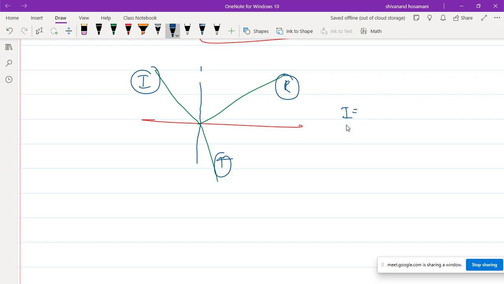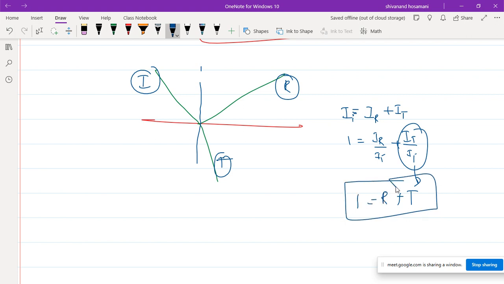Light is incident on it, some is refracted, some is transmitted. Say 8% is transmitted and 8% is reflected, that is incident. This is the reflection, this is the transmission. Moreover, the intensity of the incident light is equal to the intensity of the reflected light plus the intensity of the transmitted light. If we divide by the intensity, what do we get? IR divided by II, plus IT divided by II. This is the transmission coefficient, this is the reflection coefficient, and the sum is equal to 1. This is always followed by all dielectric mediums.